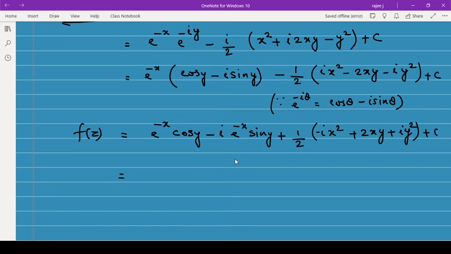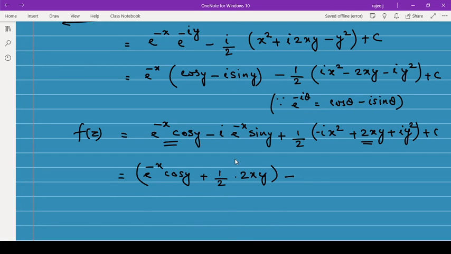So it is e raised to minus x cos y, then plus 1 by 2 into 2xy. That is what the real terms are.